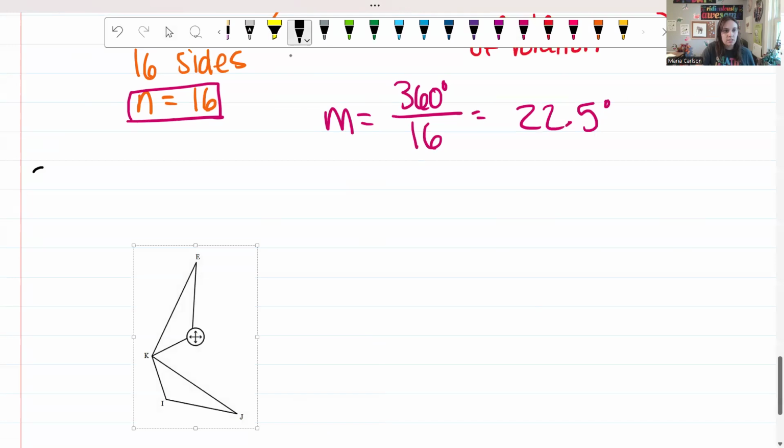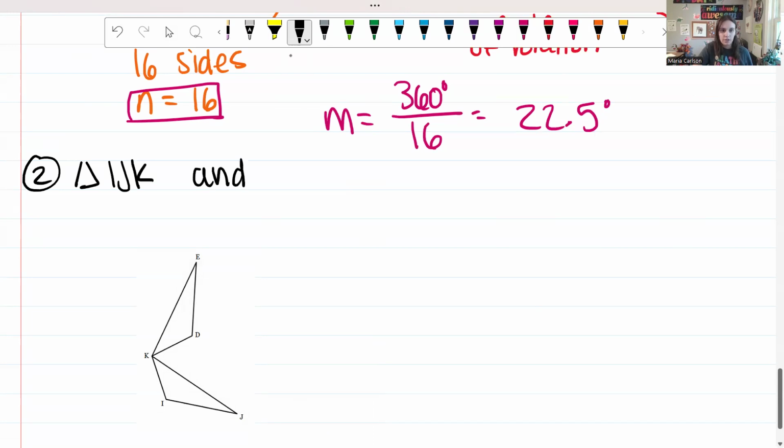All right, now we're going to use this drawing. But first I want to write a little bit of text. So triangle IJK and triangle DEK are shown.